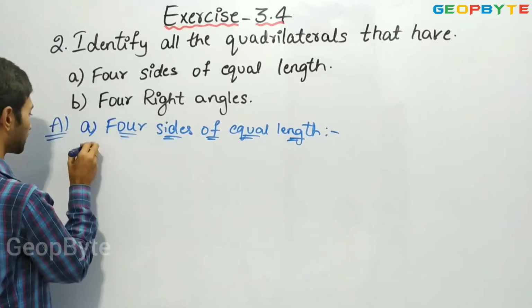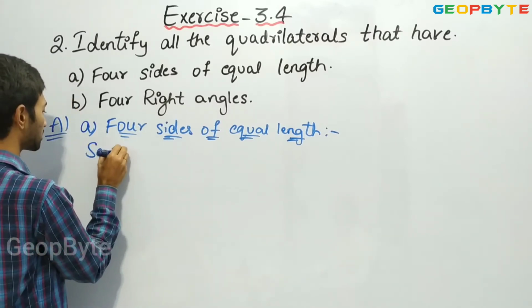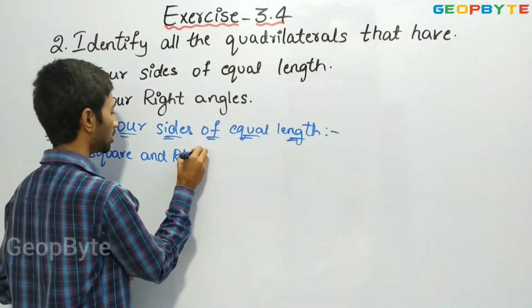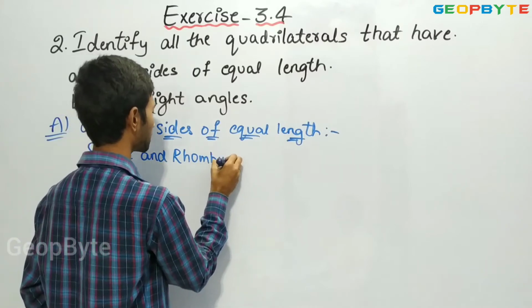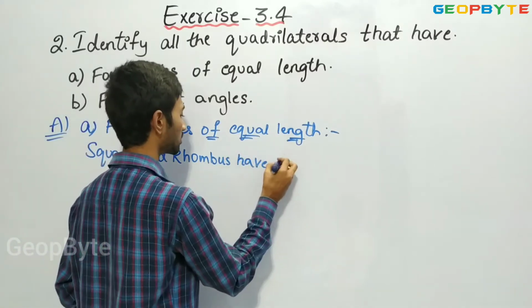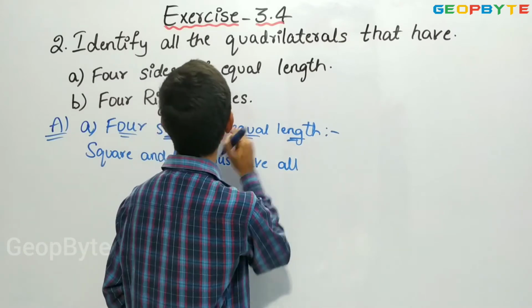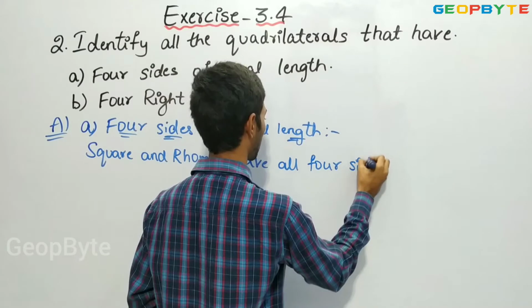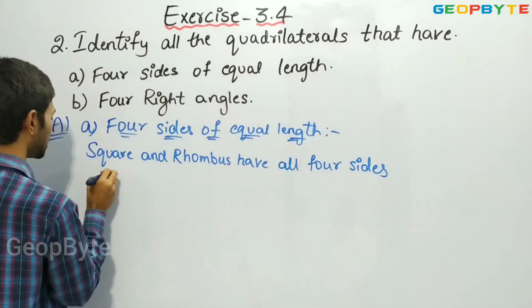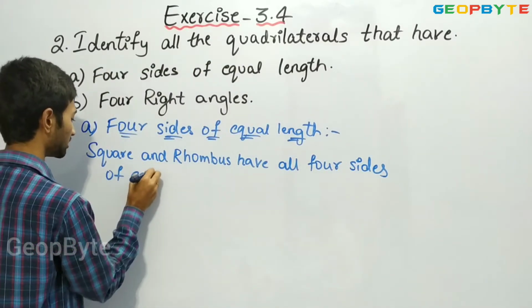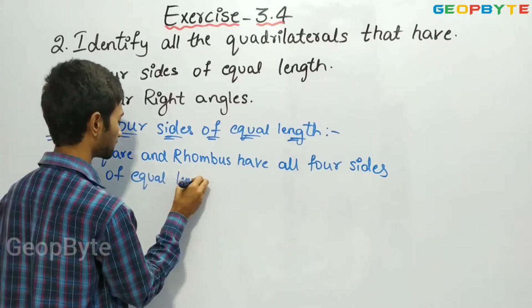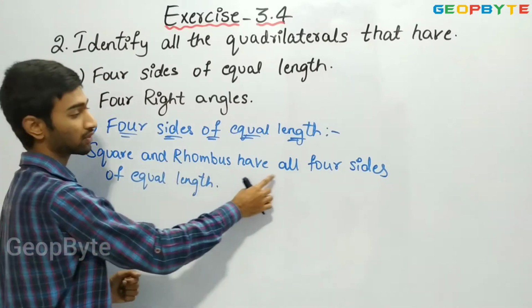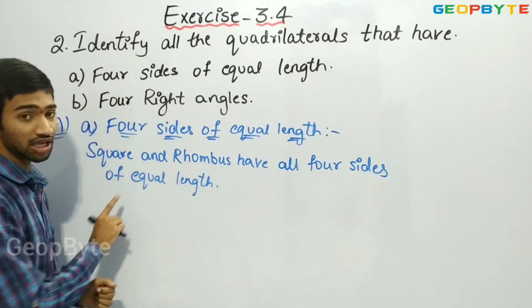We know that square and rhombus have all 4 sides of equal length.